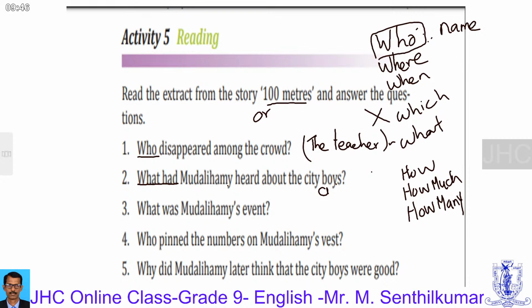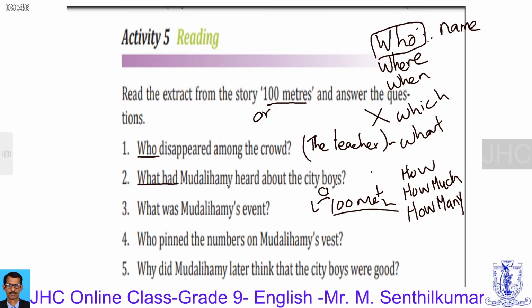What was Mudalihami's event? What was Mudalihami's event? If you write 100 meters, if you write the answer 100 meters, the answer is wrong. Right? If you write like this, the answer is wrong. Why? Here, under 13. It should be. That is why I said relevant phrases.